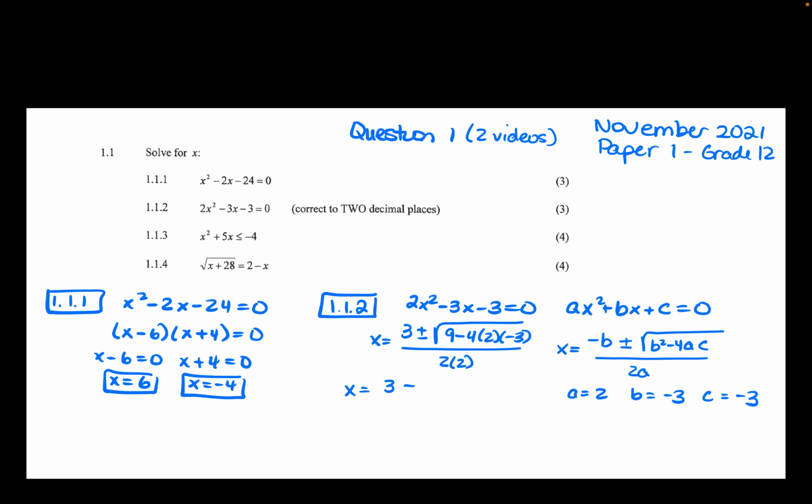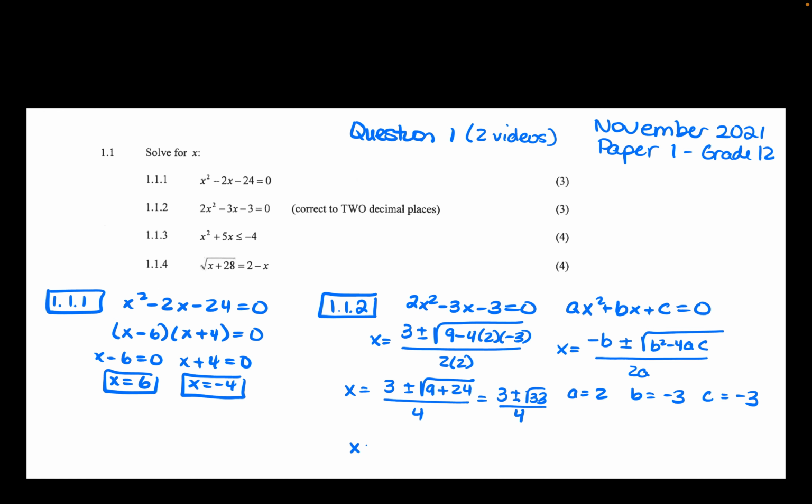So we simplify inside the square root and we get 9 plus 24, all over 4, and that simplifies to 3 plus or minus the square root of 33 over 4, which is in simplified surd form.